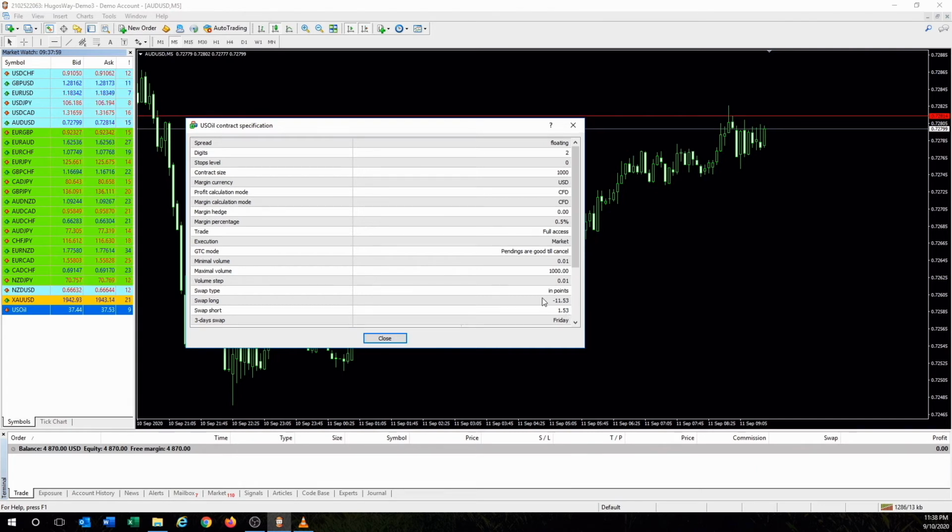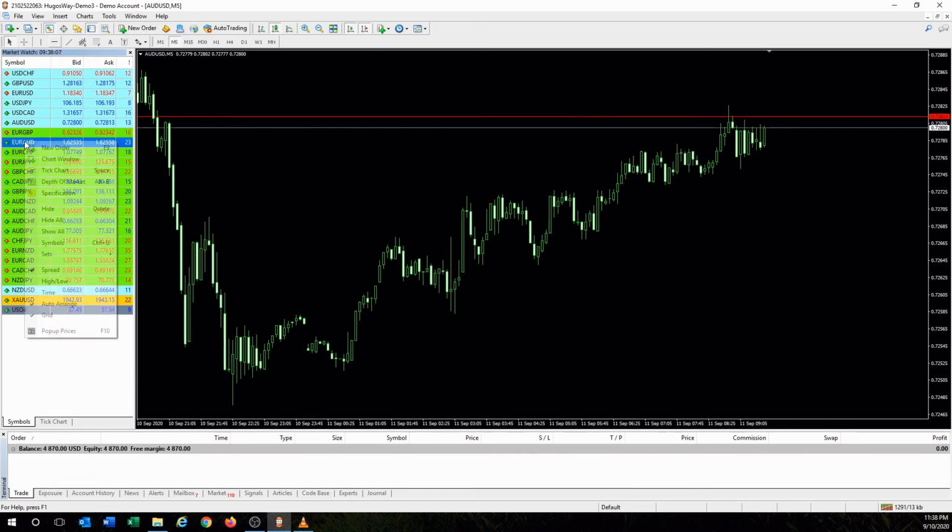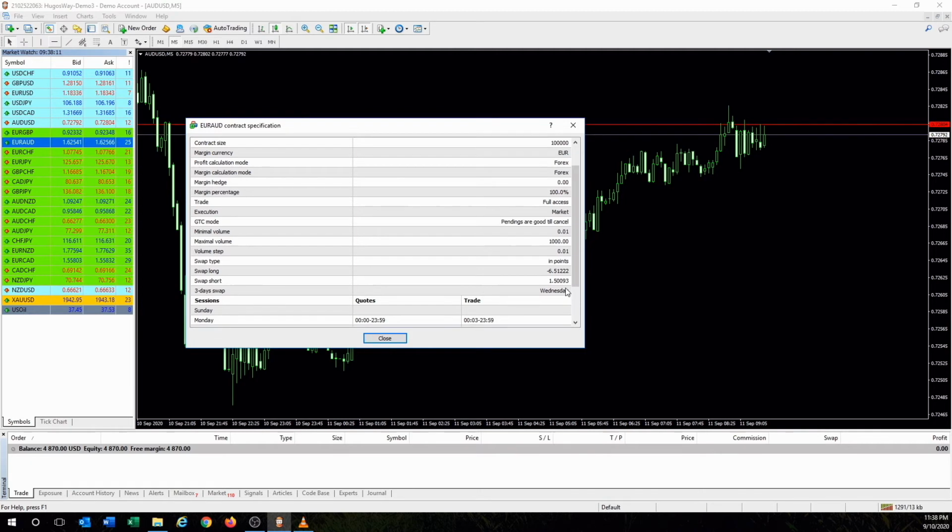Whichever your favorite pairs are, once you master AUD USD, I'm sure you guys will trade other pairs. Some of you have already started doing that, but you can always just go here, check, and go to specifications, and you can look right here. Actually, EUR AUD has a positive short swap.